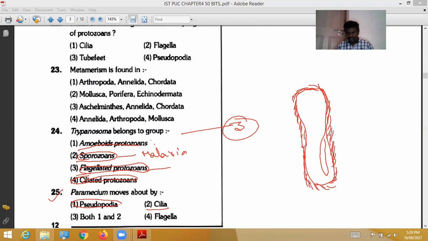This ciliary movement also helps in the intake of food material into the body. So the second option is correct. Flagella are absent in Paramecium, so the correct option for the 25th question is 2.